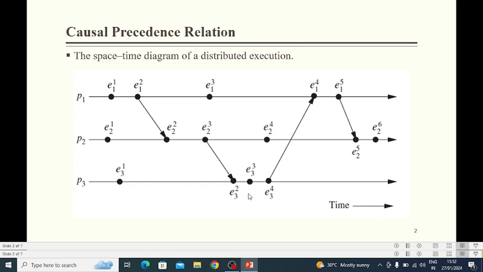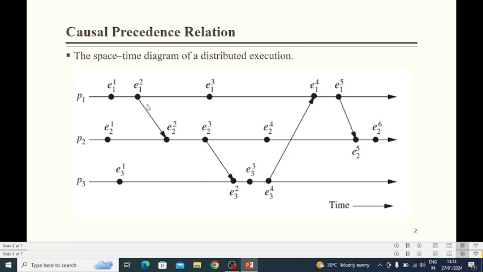Let's check whether we have a path between E11 and E33. We do have a path, so E11 causally affects the event E33. There's no doubt in that.